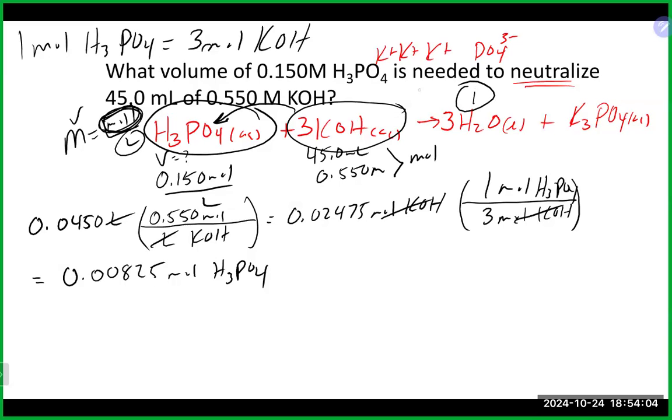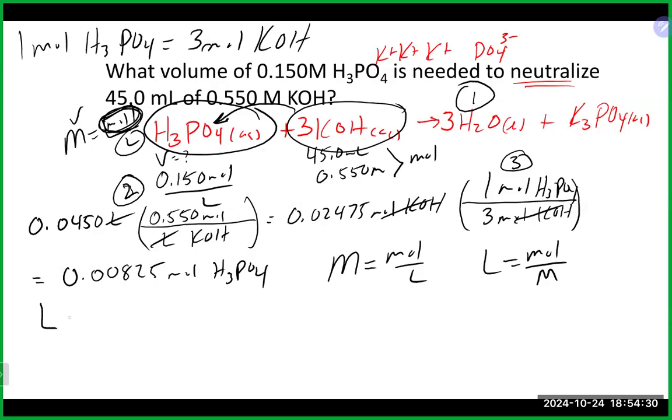Again, we balanced the equation, we converted to moles, we did our stoichiometry and our mole to mole relationship. The last thing to do here is use the molarity that was given to us, and now the moles that we just got, to figure out the volume. So again, molarity is moles per liter. Liters is going to be moles divided by molarity. So our liters in this case would be our moles, 0.00825.